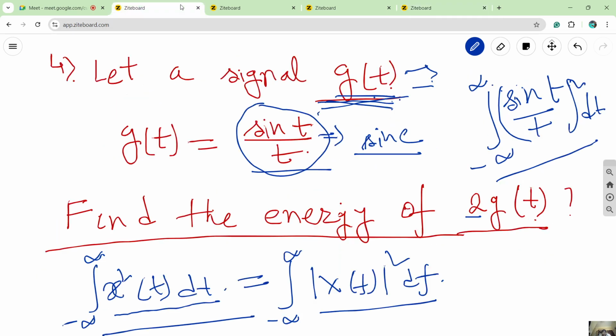So that's why we convert it to the rect function. If you know that this is a sinc function or a multiplication of some sinc functions, just calculate the energy from Parseval's relationship. Parseval's relationship says that energy does not change whether you calculate it in the time domain or in the frequency domain.